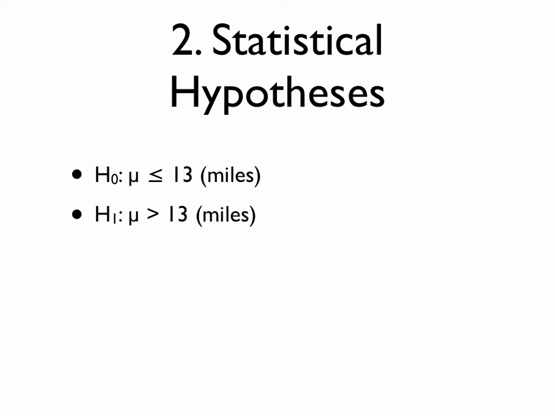So we only reject the null hypothesis if we have evidence that the New York area workers are commuting longer than the national average of 13 miles. So again, look back at your notes, make sure that you see how these statistical hypotheses were written, given that we're doing a one-tailed test and we care about the upper tail.